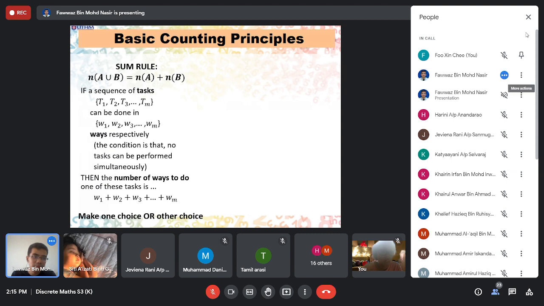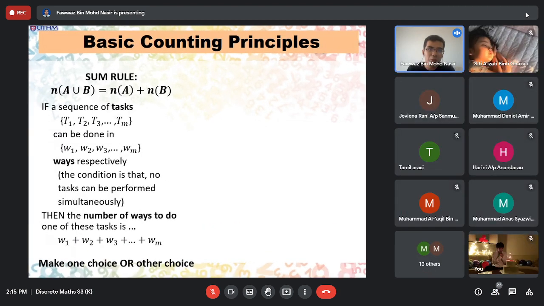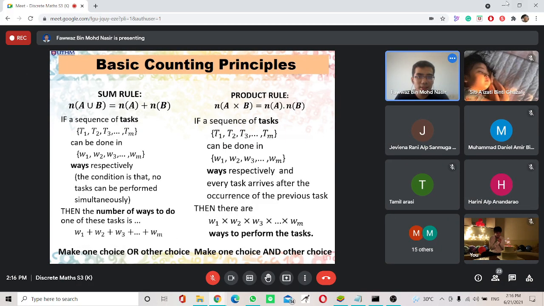Okay, so kebiasaannya di dalam problem ataupun statement-statement dalam ayat-ayat yang diberi, kebiasaannya dia akan pakai keyword or untuk indicate yang kita perlu guna sum rule untuk dapat the number of ways. Okay, ataupun apa-apa words lain yang implies that yang tu adalah or. Okay, nanti kita akan tengok contoh macam mana kita nak differentiate instances where we need to use sum rule ataupun product rule.